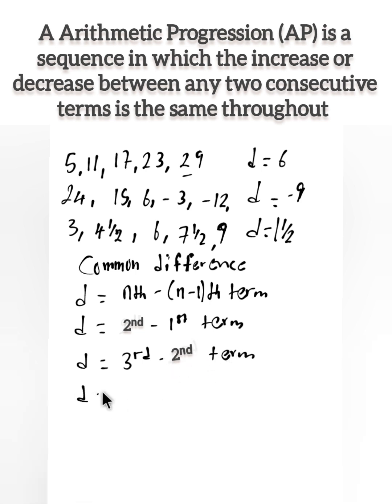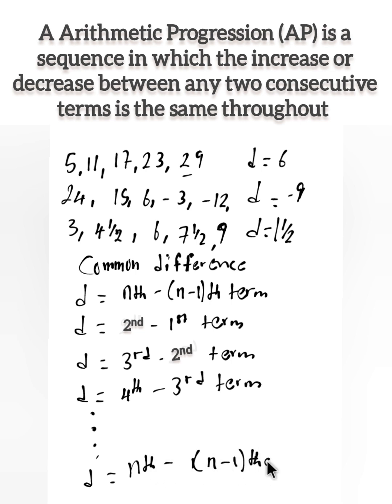The common difference can be equal to the third term minus the second term. It can also be equal to the fourth term minus the third term, and the list goes on and on. That is, the common difference is equal to the nth term minus the n minus 1 term.